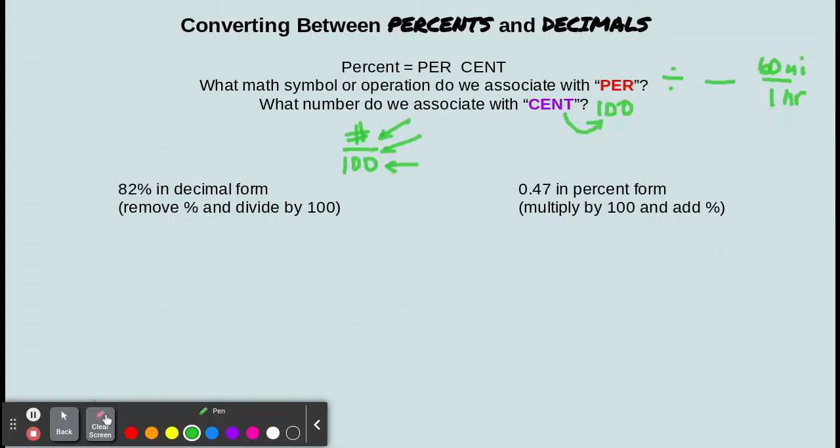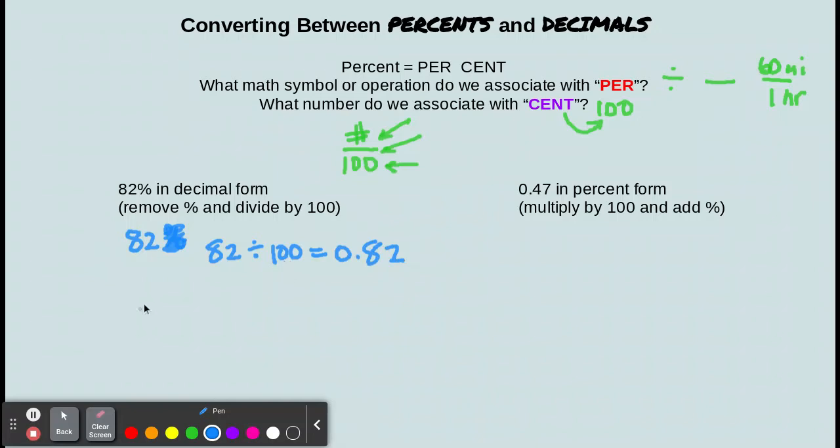Okay? So if we want to write 82% in decimal form, the first thing you do is you remove the percent sign. Okay? So let's remove that. And then the second thing you want to do is you want to divide that by 100. 82 divided by 100 is the same thing as 0.82, right?